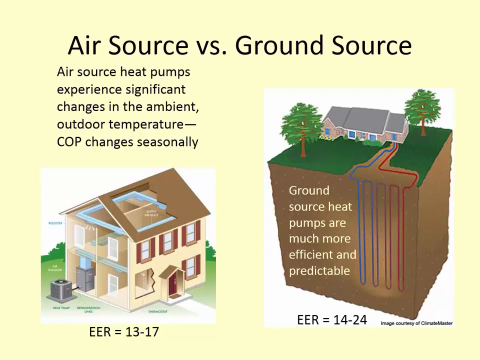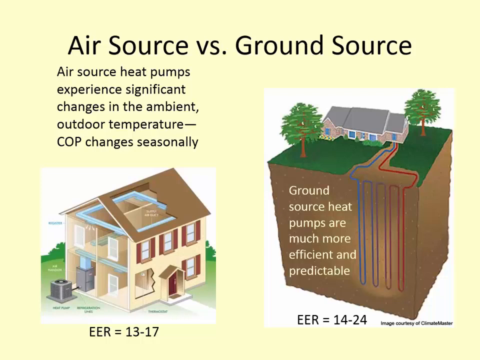So regardless of what temperature it is above ground, if it's -20 or 110, a certain distance below the ground is the same temperature. So using the ground source for a heat pump, it's much more efficient, and also it's predictable because the temperature of your source or your sink doesn't change, whereas the air temperature will change significantly from day to day here in West Virginia.